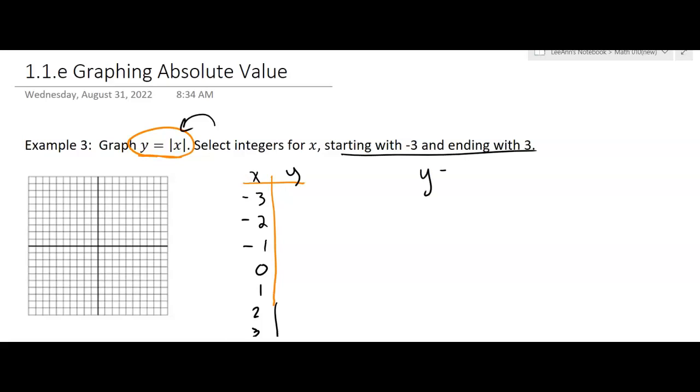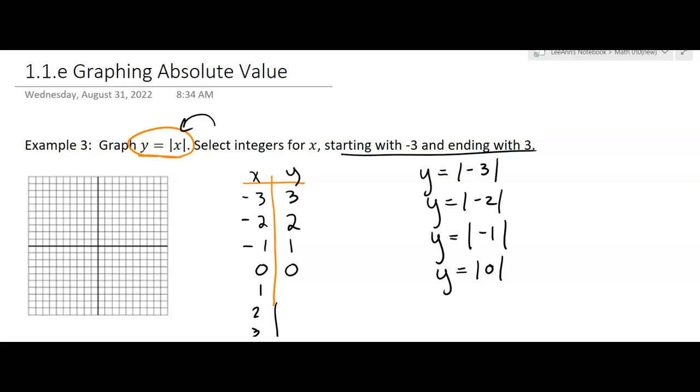So y equals the absolute value of -3, which is 3. And then y equals the absolute value of -2, which is 2. Y equals the absolute value of -1, which is 1. Y equals the absolute value of 0, which is 0.